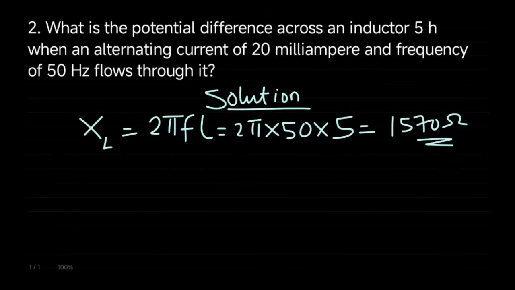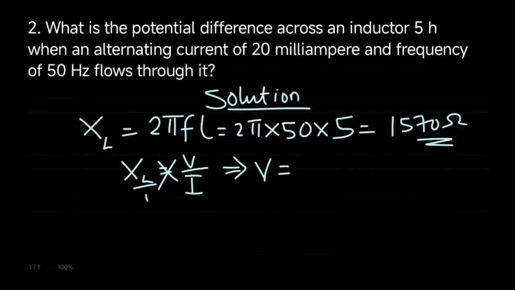So how am I going to find the potential difference, the voltage in this question? Recall that my XL is given as V all over I. And we are to find the V, which is the potential difference. So therefore I'll be having my V to be equal to XL, which is the inductive reactance, times my current.